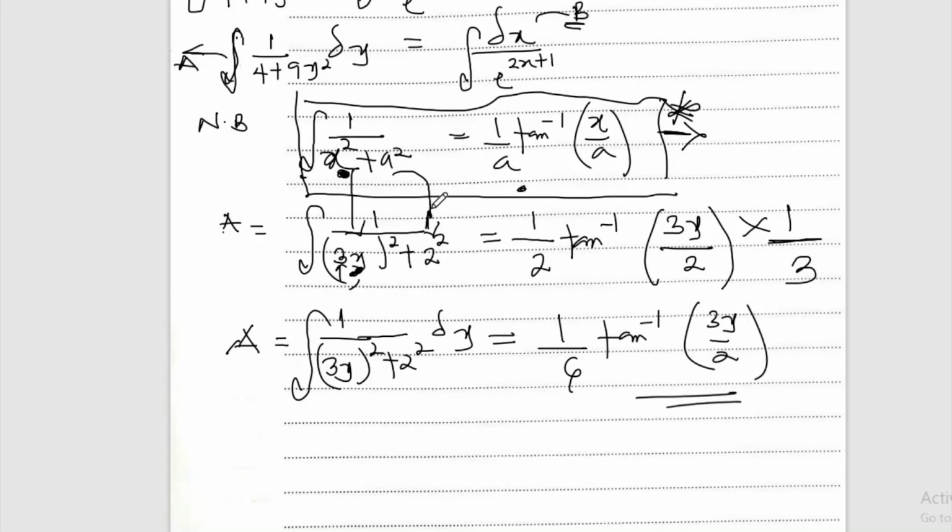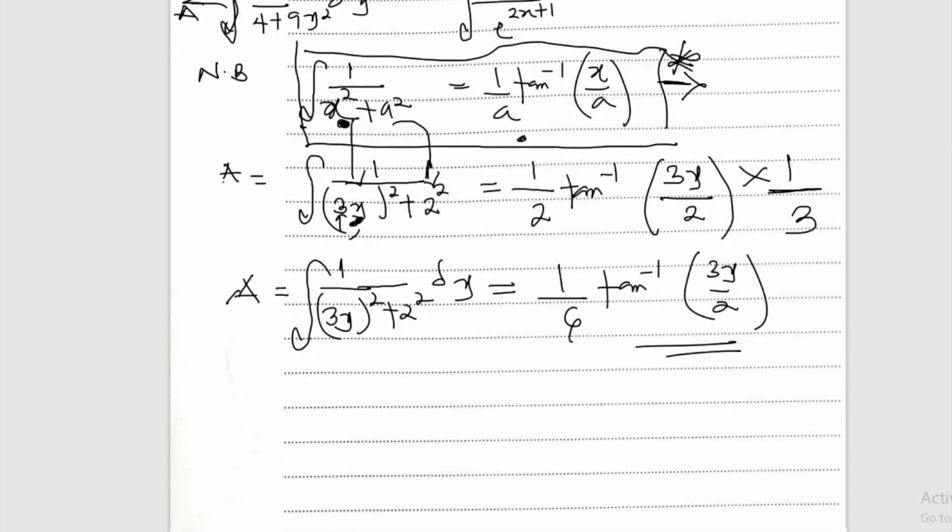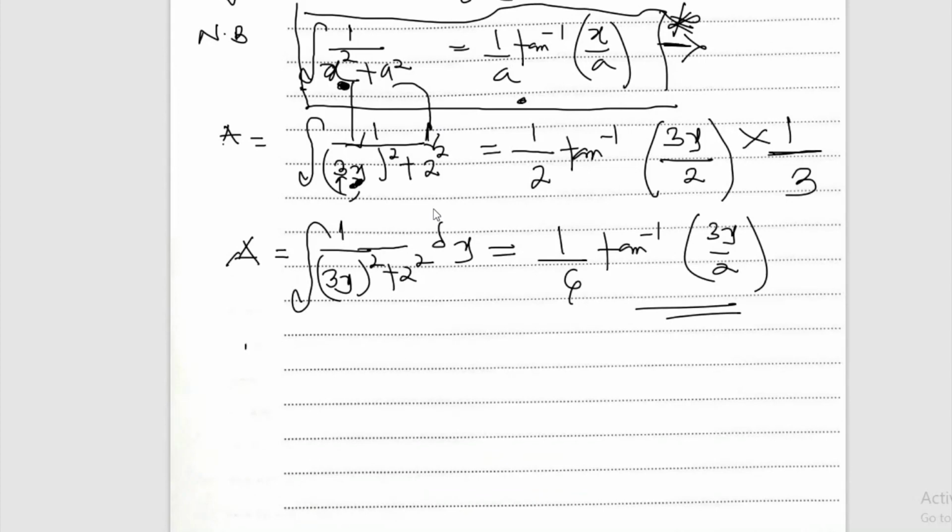That will be the answer. A is the integral on the left hand side. B is the integral on the right hand side, which is the integral of 1 over e raised to the power 2x plus 1 dx.